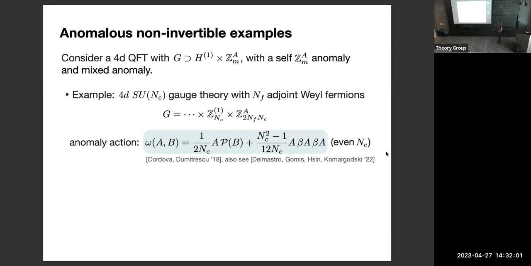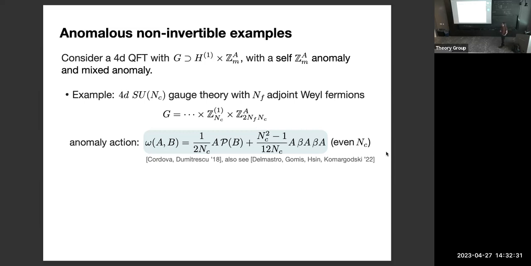Say we have a 4D quantum field theory with a global symmetry group that includes some sort of one-form symmetry and a zero-form finite Z_M symmetry with background gauge field A. Say I have a self anomaly for the Z_M zero-form symmetry, and a mixed anomaly between the two of them.